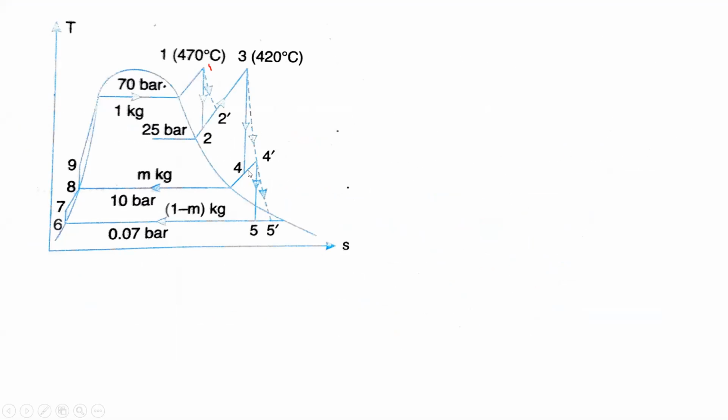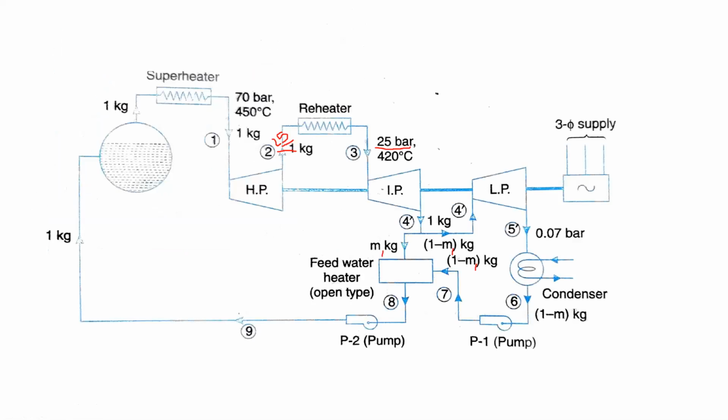Then at this constant pressure only, the heat is exchanging. If you look at the 4 to 8 process and the 7 to 8 process, these are done at the same time, which happens in the open heater. If you look at this schematic diagram, the 4 to 8 as well as the 7 to 8 are done at the same time in the open feed water heater.